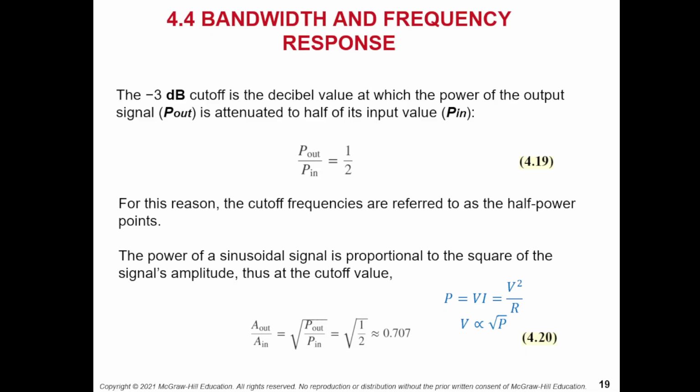According to P equals V squared divided by R, the output voltage is proportional to the square root of the power.